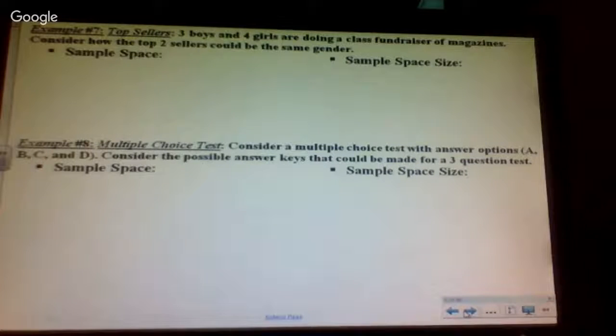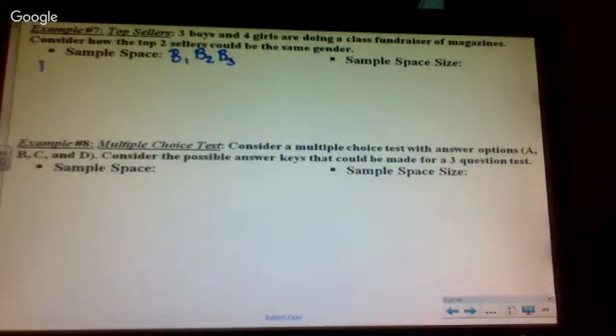Top sellers. 3 boys and 4 girls are doing a class fundraiser of magazines. Consider how the top 2 sellers could be the same gender. Okay, this is where it gets difficult. If I have 3 boys, you need to denote boy 1, boy 2, and boy 3. Let's work out how we could do it with boys.